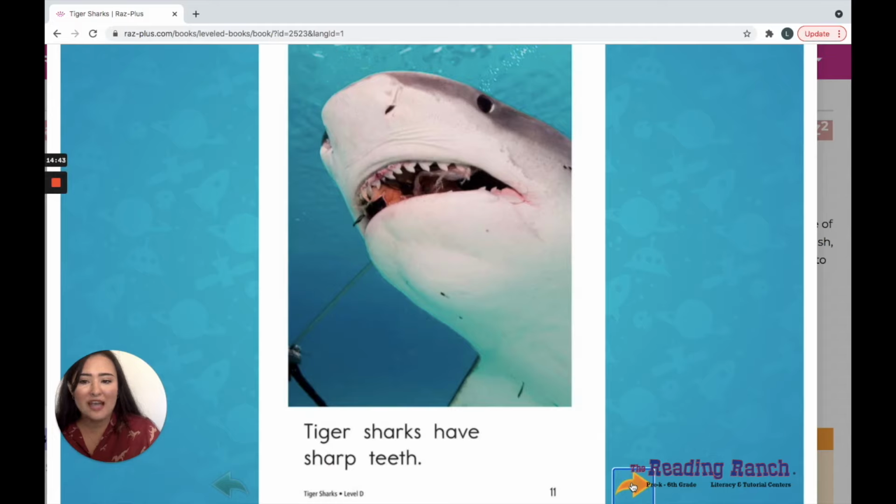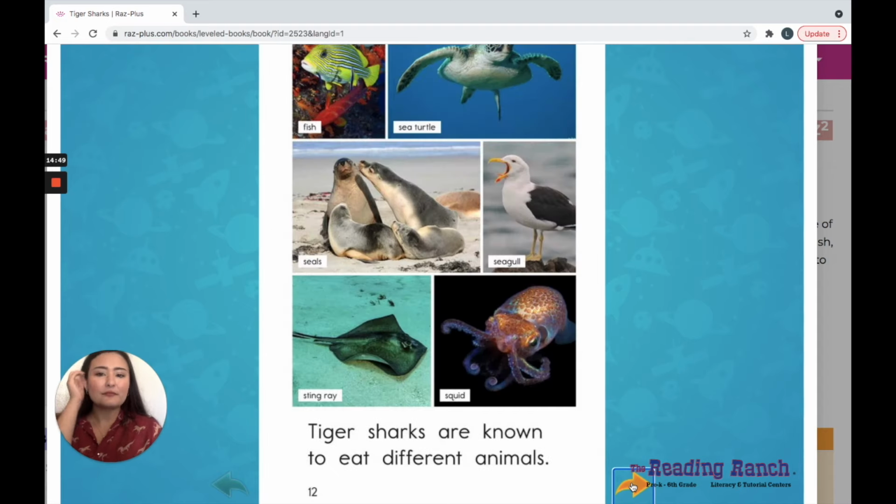Tiger sharks have sharp teeth. Good job. Tiger sharks are known to eat different animals. So we have fish, sea turtles, seals, seagulls, stingrays, and squid.